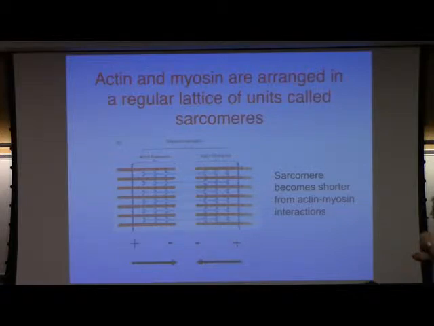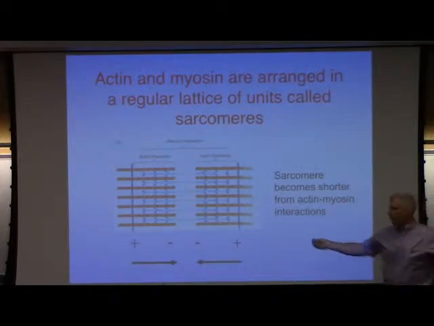In the first couple types of muscle that we're going to study, which are skeletal and cardiac striated muscle, the reason it's called striated is that you look at it and you can see this pattern, and the striation comes from this almost crystalline kind of arrangement. In the middle here are these thick filaments with myosin coming off.